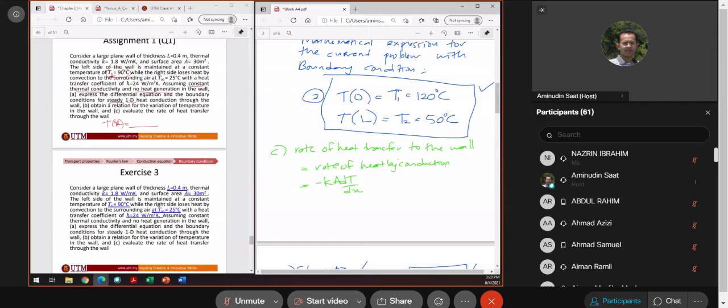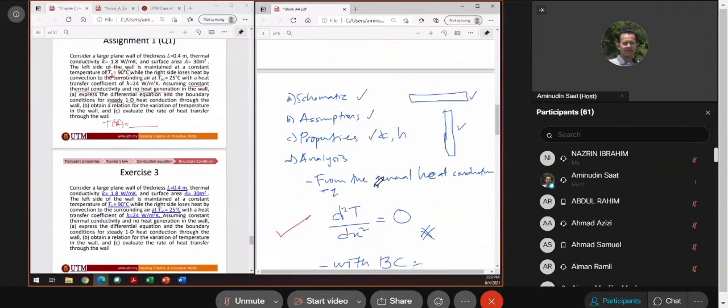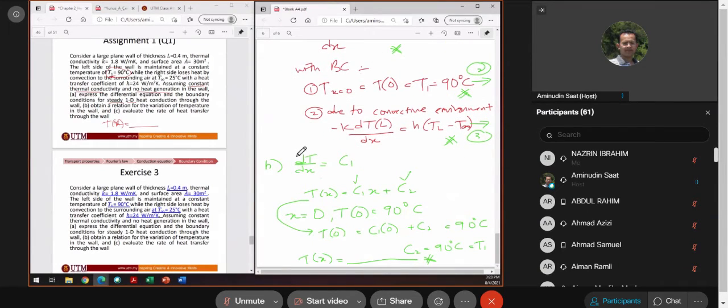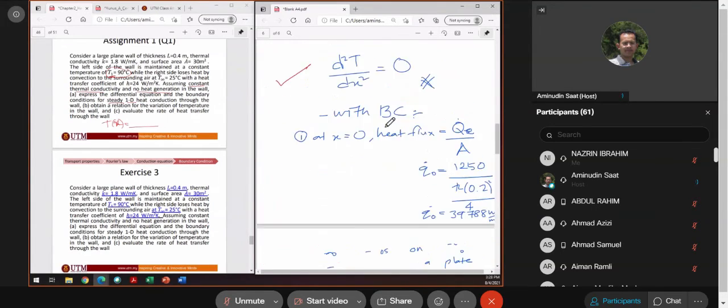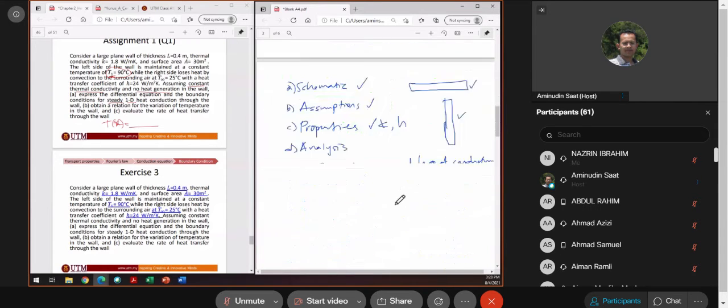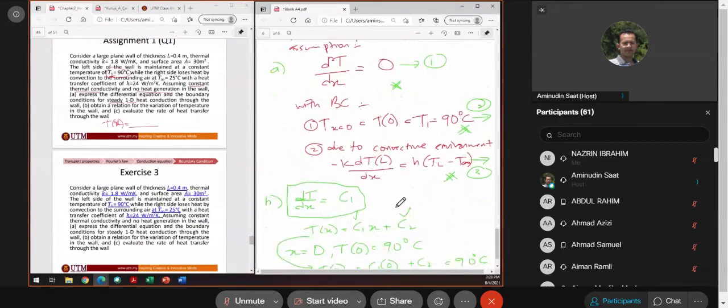So by calculating dT/dx, what is dT/dx? If you look here, dT/dx, where is the equation just now? Yeah, dT/dx is C1 here. So basically this one equals negative kA C1. So still you need to find C1, because I don't have C1 here.